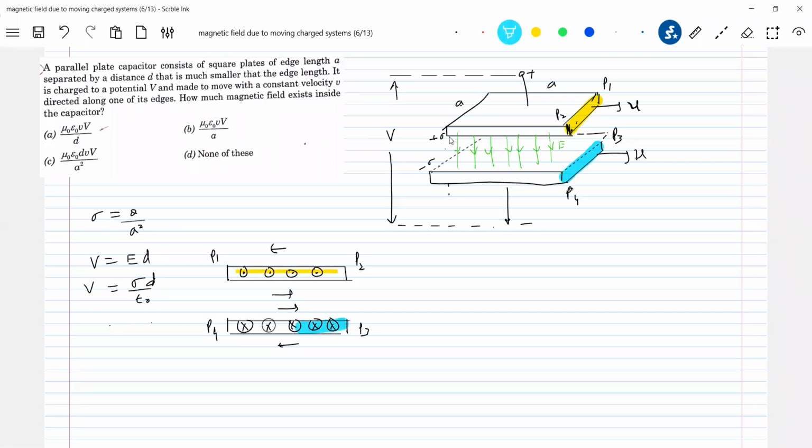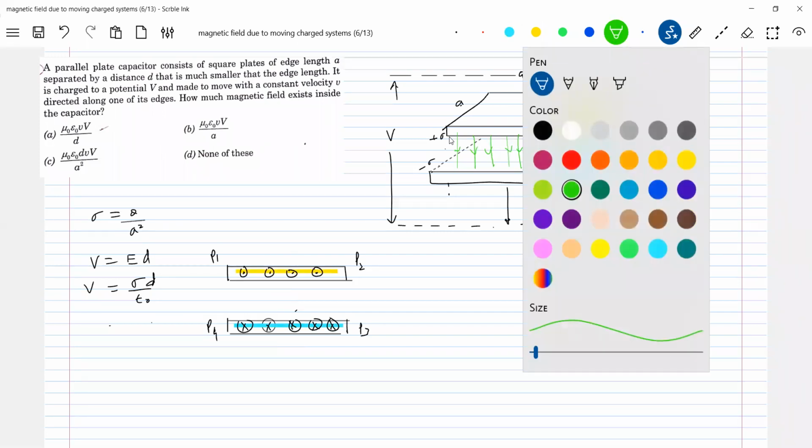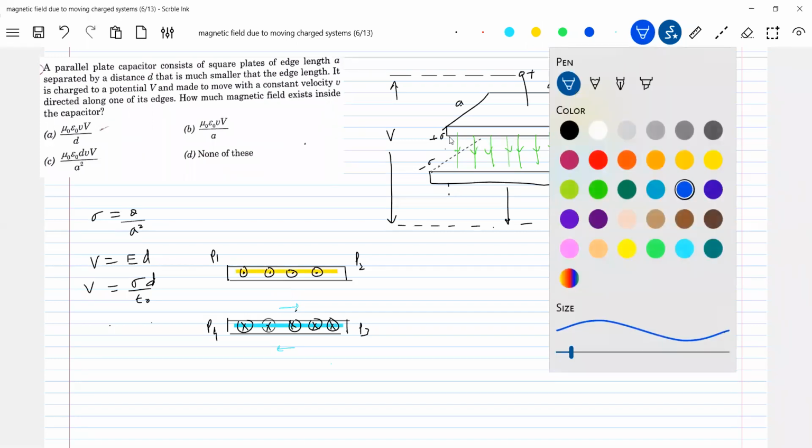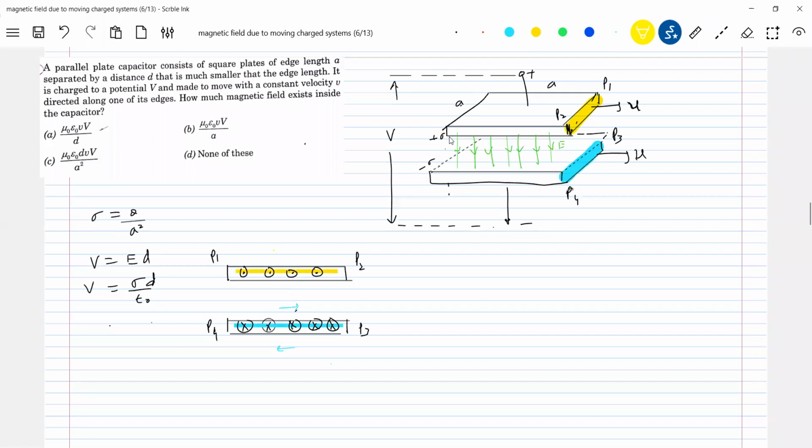At least try to understand this. Look at the arrows.